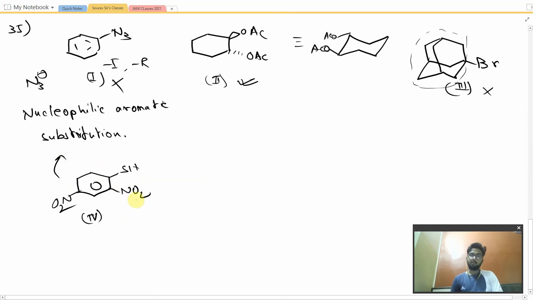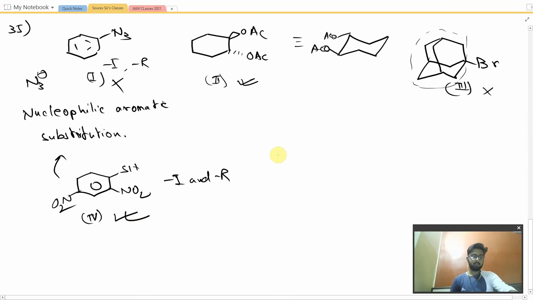Because in both the ortho and para positions there are two extremely strong minus I and minus R exerting groups. So the transition state formed when H was being replaced by SH, that intermediate would have been highly stabilized by the minus I and minus R effects of the two NO2 groups at the ortho and para positions, making this nucleophilic aromatic substitution possible. So this one would be formed.